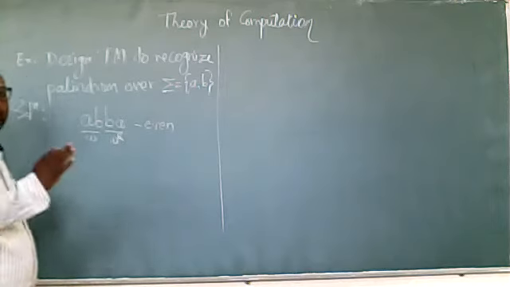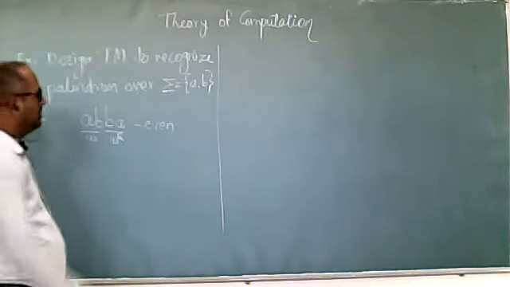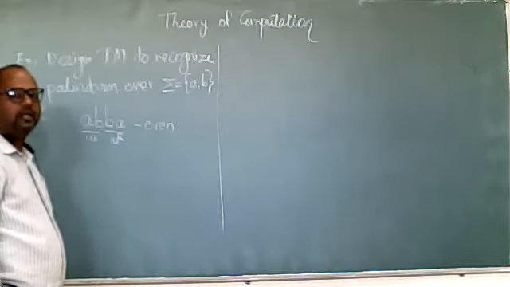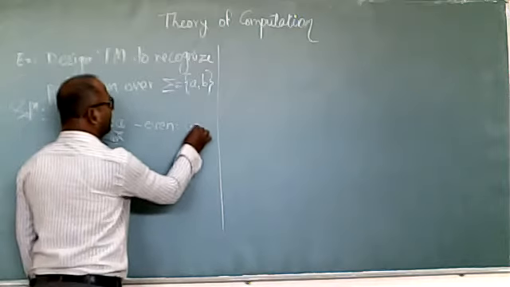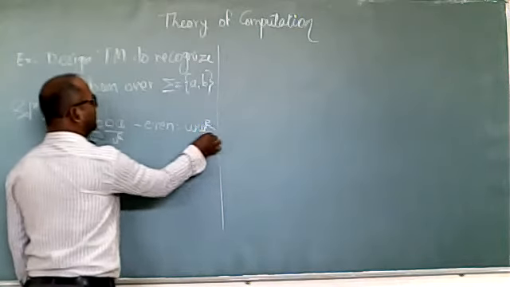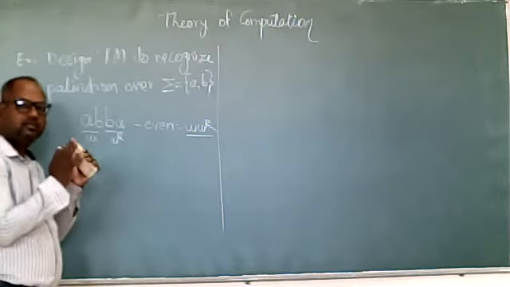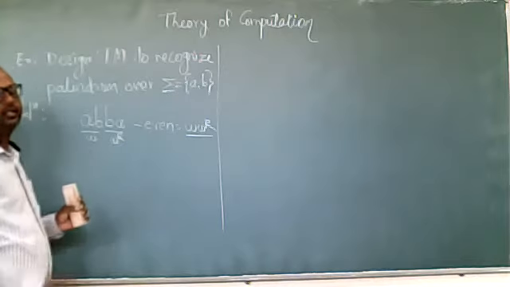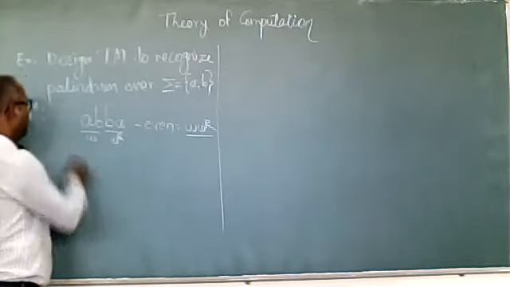That will make your even size palindrome, W W^R. The half part we consider as the first word, and the other half is always the reverse of that. That is your even size palindrome.